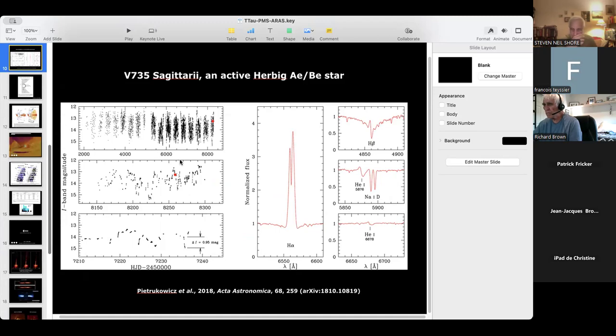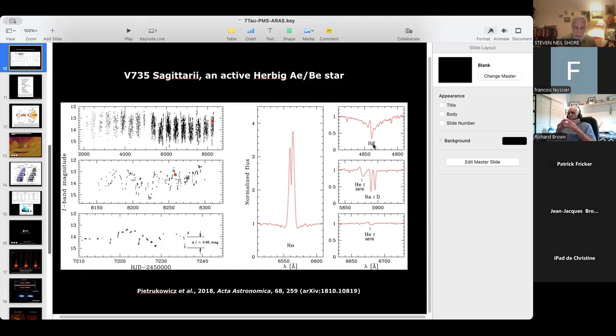So the variability, this will give you an idea of what the brightness of these objects is. It's excessive. I mean, it can be a couple of magnitudes. The lines look very familiar in the sense that you've seen these in Be stars all the time. So it's an indication that you have emission regions and a relatively small covering factor relative to the central star.